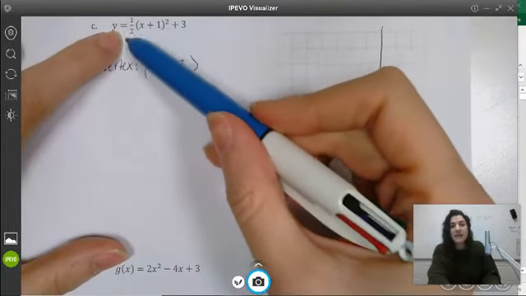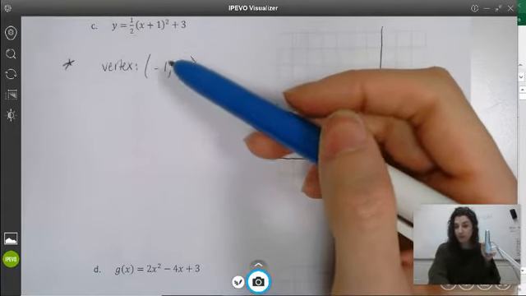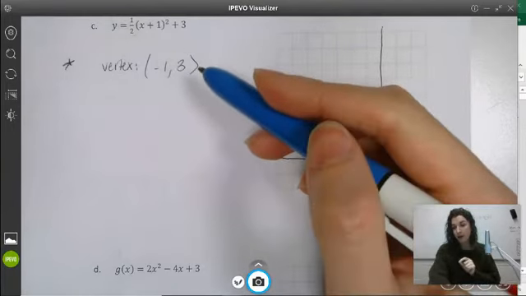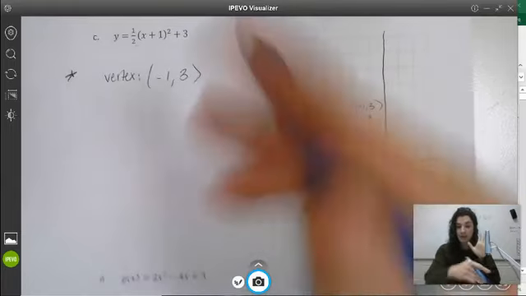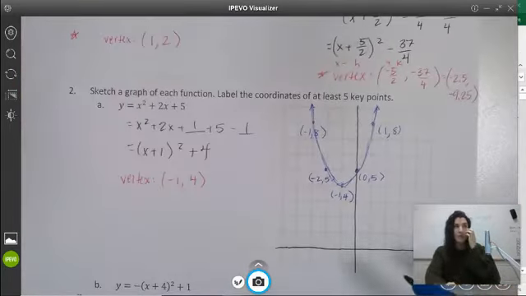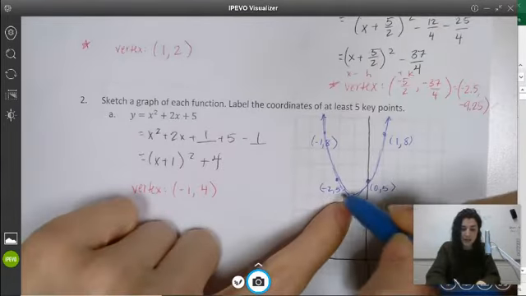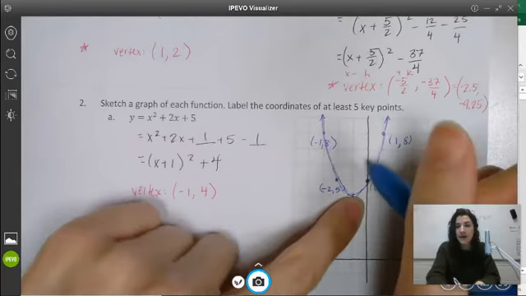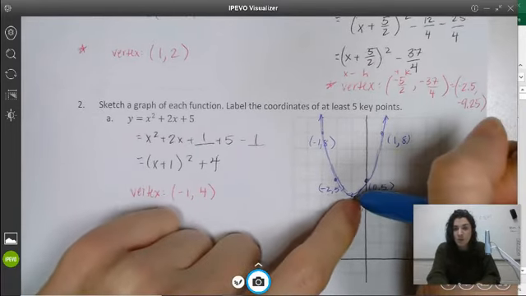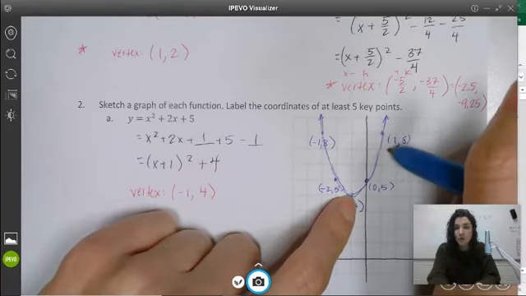Vertex is -1, 3. So I'm going to go ahead and plot that one right here. So then this A value is really telling you how to multiply your Y values from your 5 key points. When A was 1, with our vertex now being the origin, we would shift that perspective and say, okay, well, this would be 1, 1, and 2, 4.